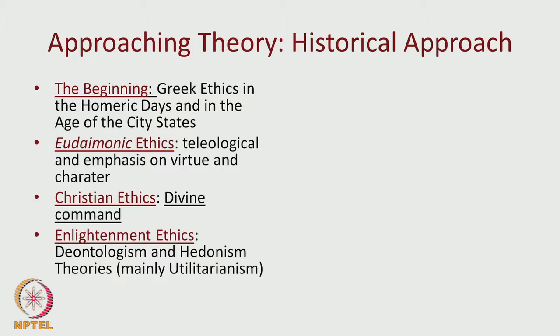And then again, the Enlightenment age is another very significant era where ethics takes a very different turn. As many other concepts, the concepts in ethics also have undergone tremendous changes during this era.